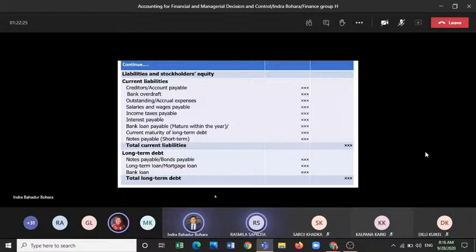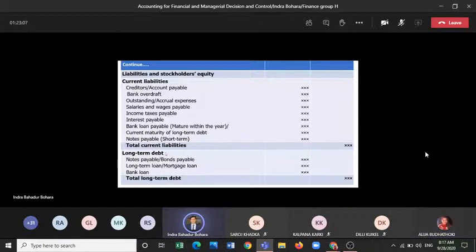Sir, in long term debt, if it just says notes payable and does not specify the date, do we write it under long term? Exactly, you are right. The confusion is that until now we wrote that in current liability. The date has to be specified. Our notes payable maturity in 2020, if it says that. Suppose you are preparing the balance sheet in 2019, and you are given the assets and liabilities of 2019 data, and there is written notes payable dues in 2020, that is within 1 year, right?